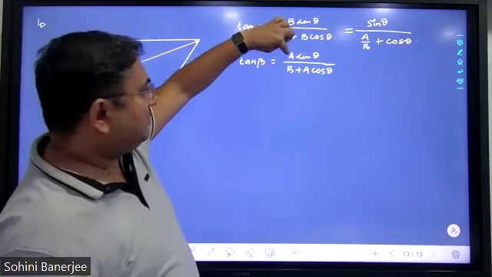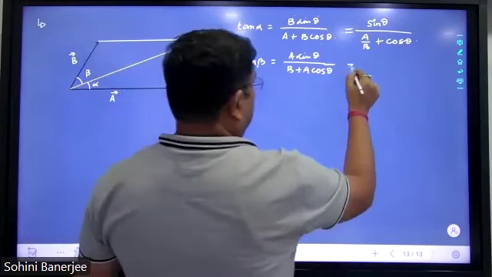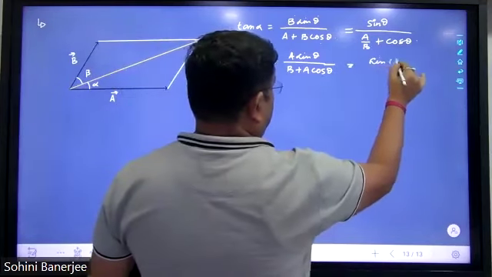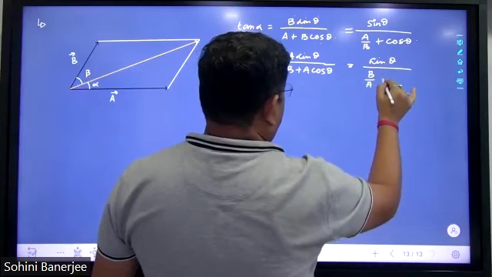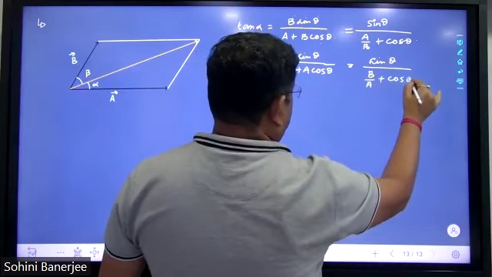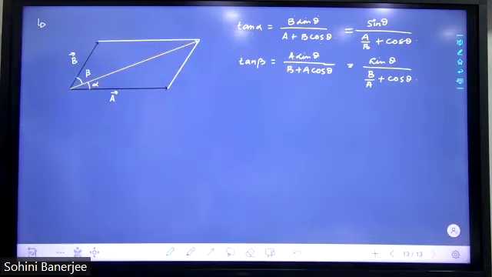Similarly, here I divide both numerator and denominator by A. Sin theta by B by A plus cos theta. Here.